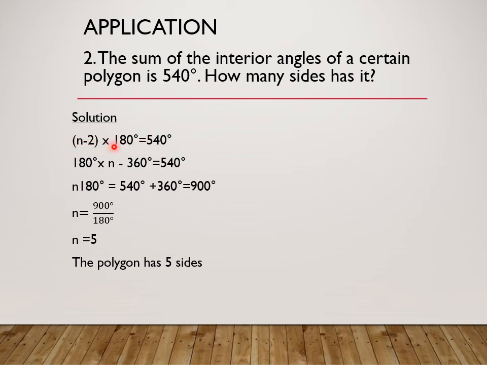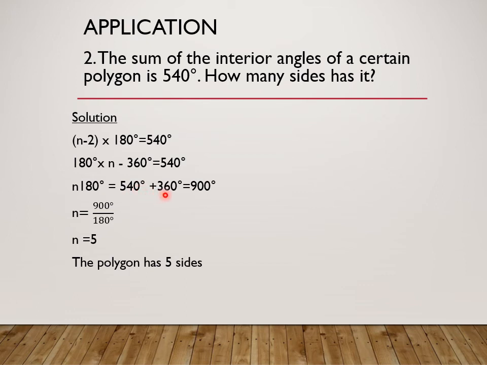So n minus 2 times 180 degrees equals 540 degrees. Distribute 180 degrees inside this bracket. You have 180 times n minus 2 times 180, which is 360 degrees, equals 540 degrees. So n times 180 degrees will be equivalent to 540 degrees plus 360 degrees.